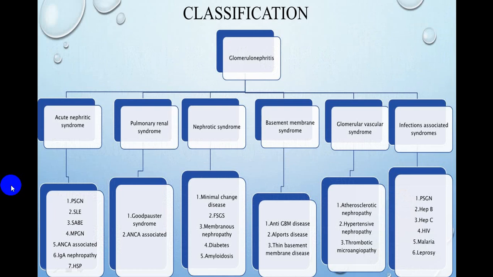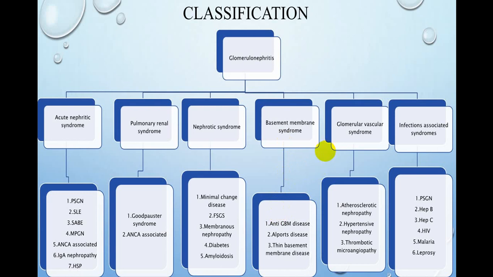When you want to classify glomerulonephritis, you can classify into acute nephritic syndrome, acute nephrotic syndrome, or pulmonary renal syndrome, another name for which is Goodpasture syndrome. Third, basement membrane syndrome, where you get anti-GBM disease, Alport disease, and thin membrane disease.